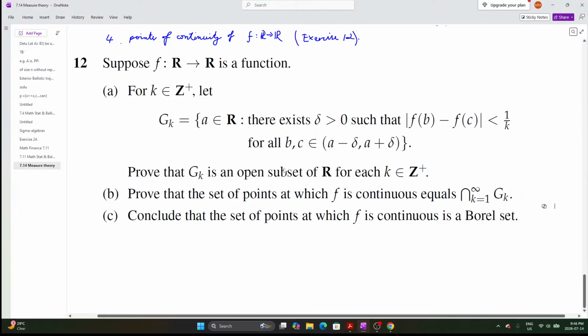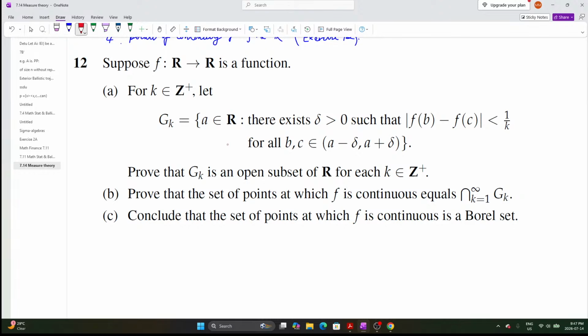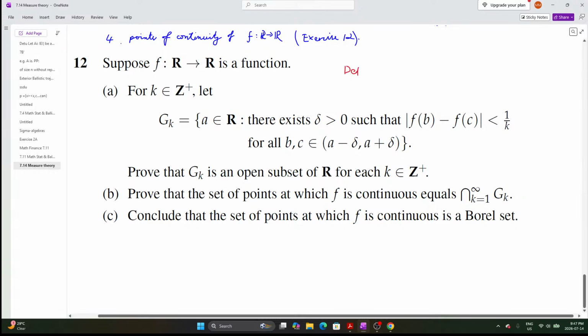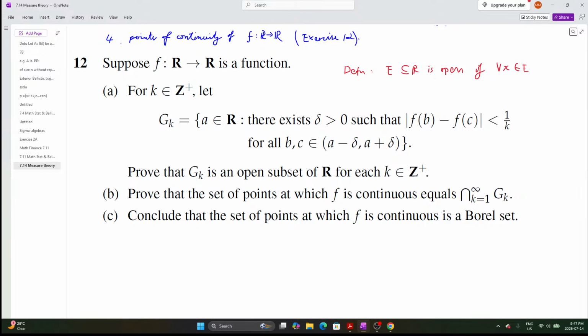Let's remind ourselves of the definition of open set, which I'll put on the side. E as a subset of R is open if every point in E is an interior point. That is, for all x in E there exists epsilon greater than 0 such that (x minus epsilon, x plus epsilon) is contained in E. This is the definition of open set.